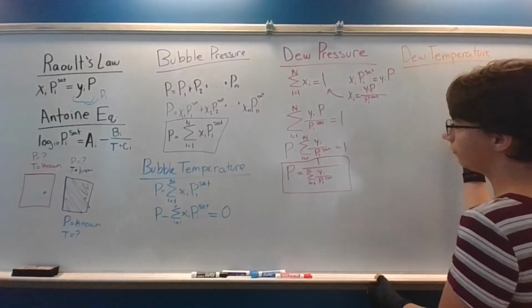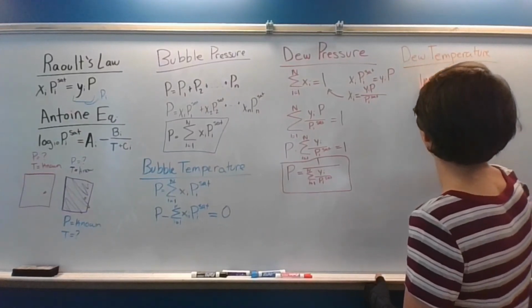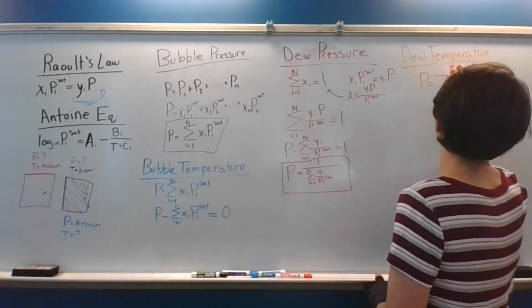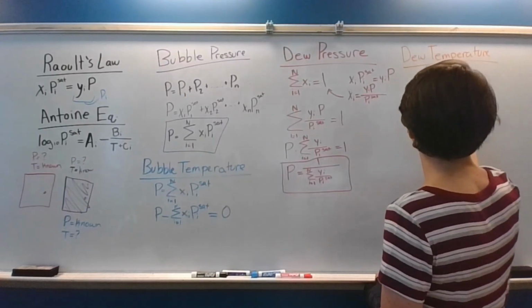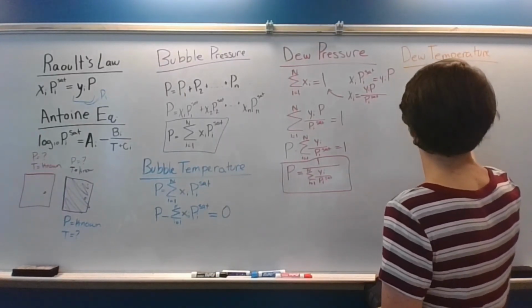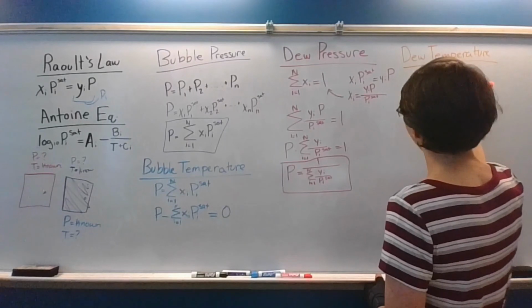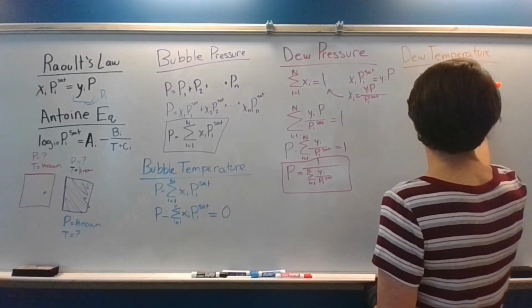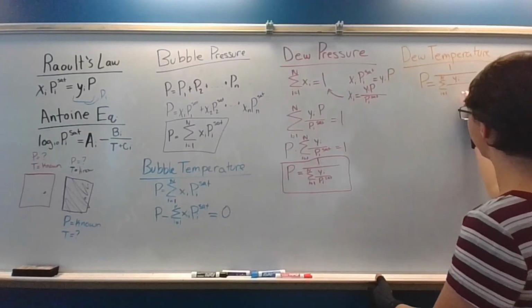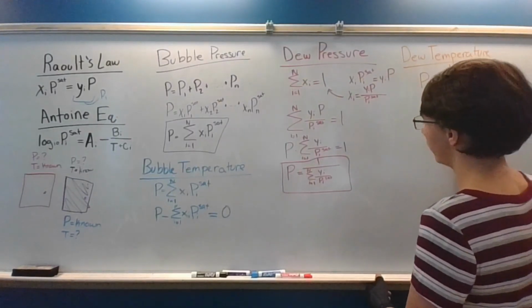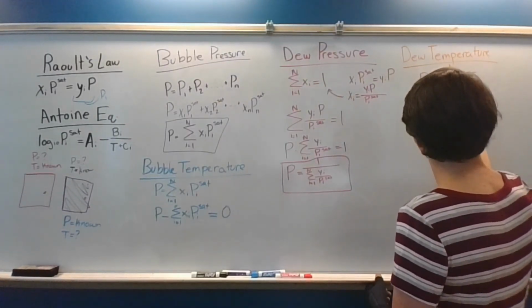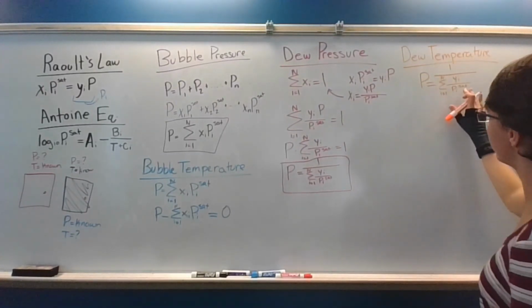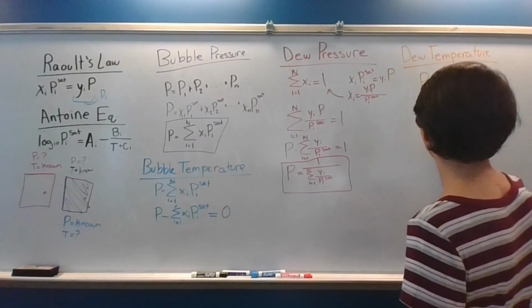So we'll rewrite this up here, which is pressure equal to 1 over the summation from 1 to n of the mole fraction in the vapor phase over the pure component vapor pressure. Then subtract this over to that side.